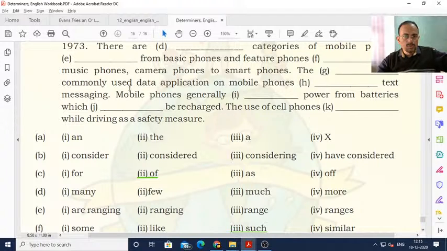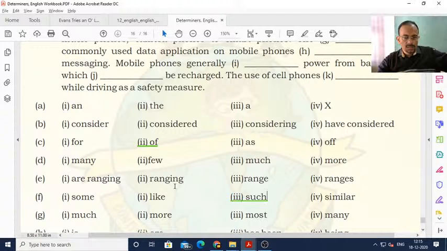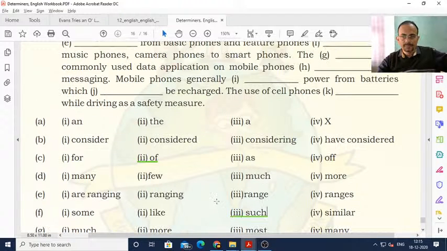The dash commonly used data application. The dash, number G: the much, more, most, many. The most commonly used data application on mobile phones. The most commonly used data application on mobile phones dash text messaging.